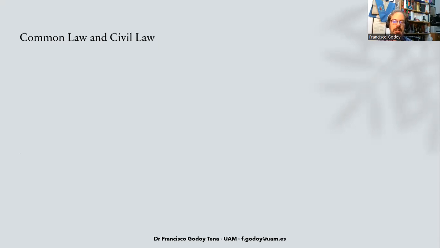One of the initial or starting points of every legal class in translation, interpreting, or even in law classes should be the comparison between two or more legal families. In this case, the one that we are dealing with here in this study is the distinction between common law and civil law.